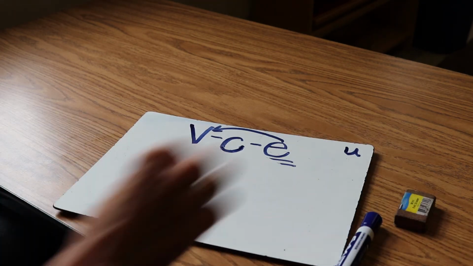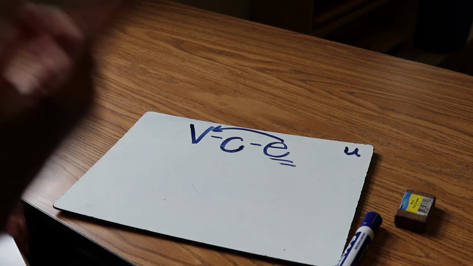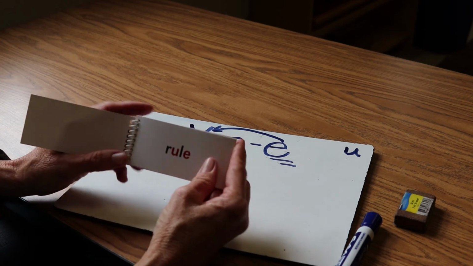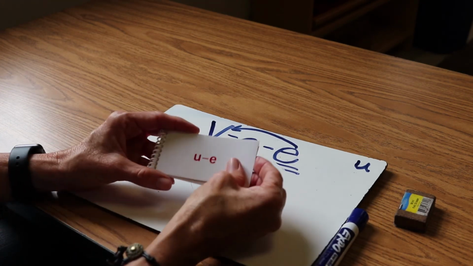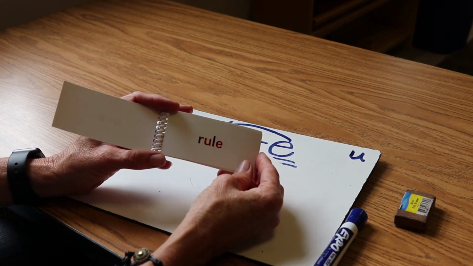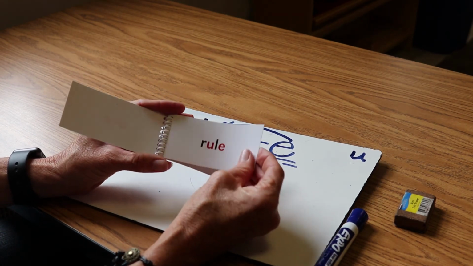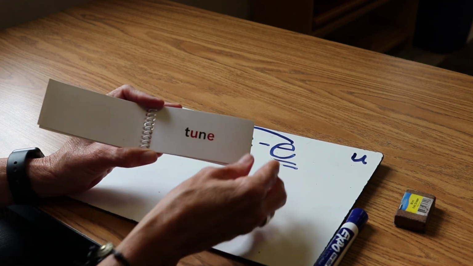So now that you know the pattern and the rule, let's try to read some words together that have the long U sound. I'm going to show you the word and I want you to try to say it before I say it. So remember, it's going to have the vowel, consonant, silent E pattern. Rule. Tune.